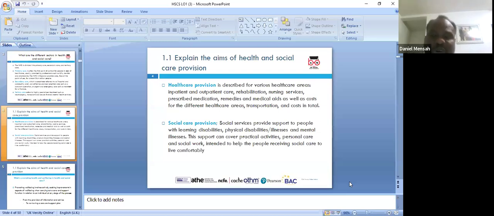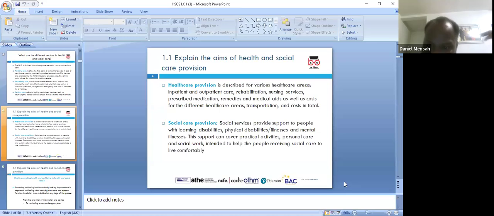Social care looks into what we call person-centered care, where it's more to do with taking care of people in their own way as they want. And one of them is what we call domiciliary care or supported living. Because with that you attend the homes of the people and you give them care at your own comfort, where social care provisions is not like that.